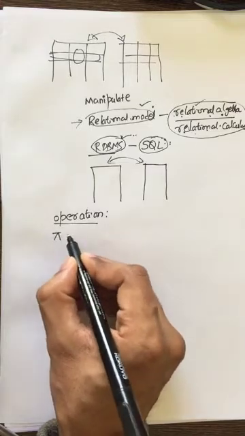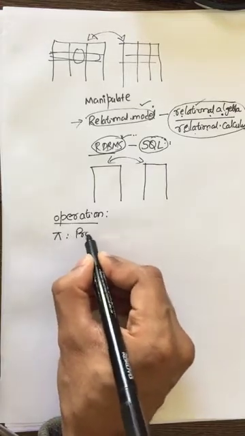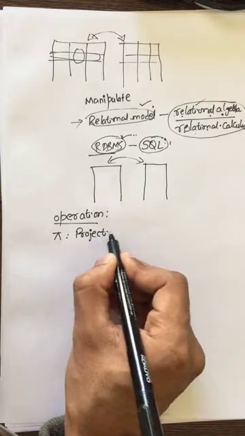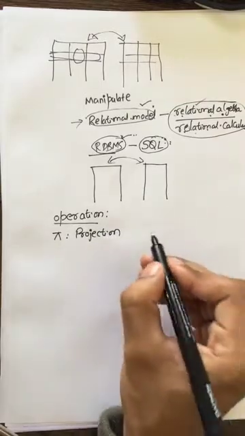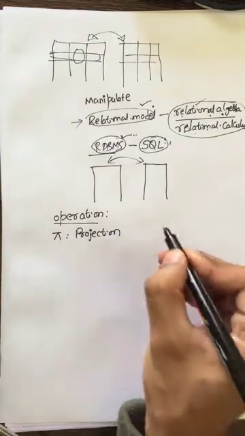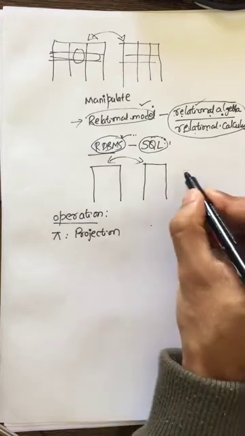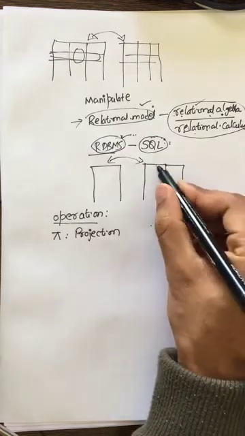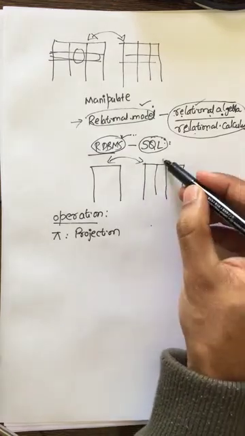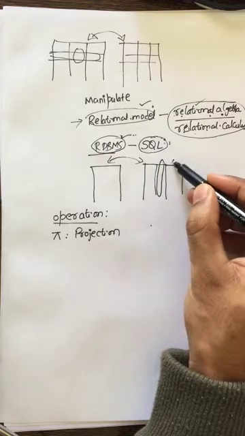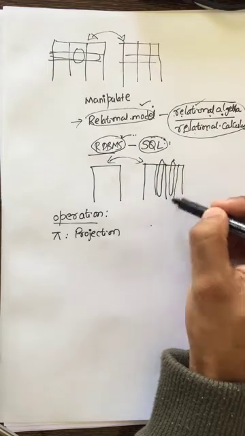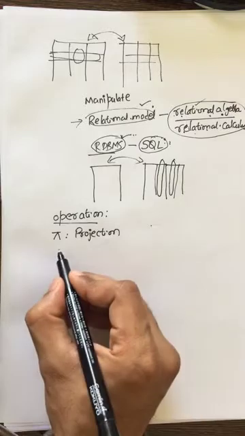One is pi, projection. Projection means if you have a table like this, projection is nothing but selecting the columns, which column you want to see. I'll give you examples later.